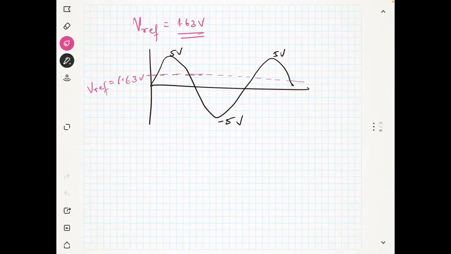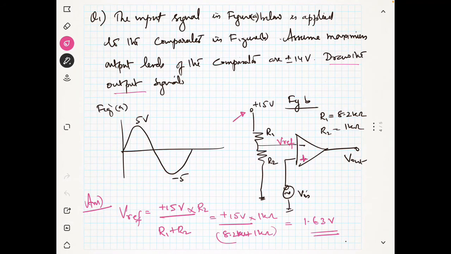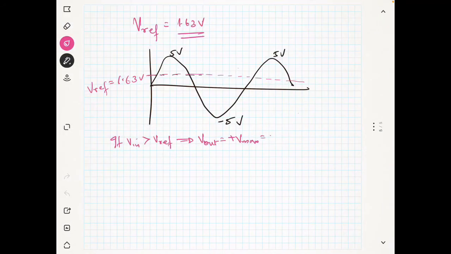So if V in is greater than V reference, V out will be equal to plus V max, which is given in the question, since the maximum outputs are plus and minus 14, so plus 14. If V in is less than V reference, then V out will be equal to minus V max, which is equal to minus 14 volt.